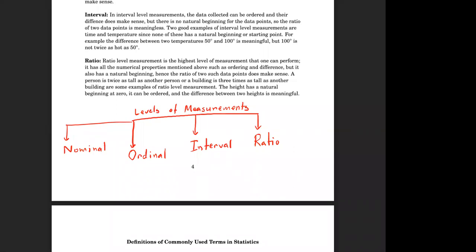Here you cannot order, so no order, no add, subtract, multiply, or divide. Yes, order. That means you can do ordering, but no add, subtract, multiply, or divide.